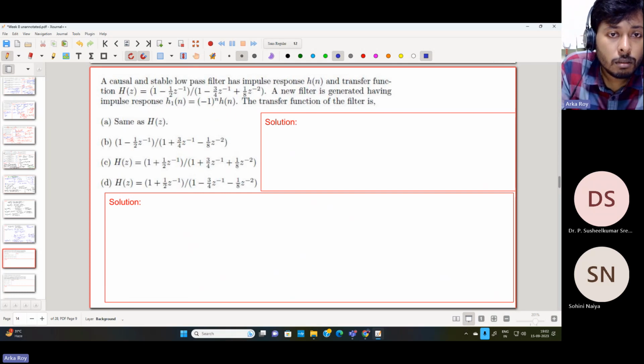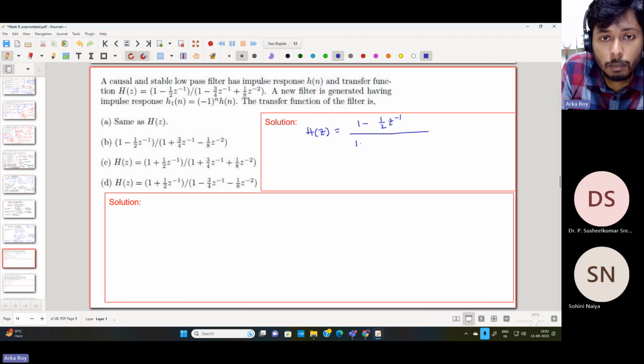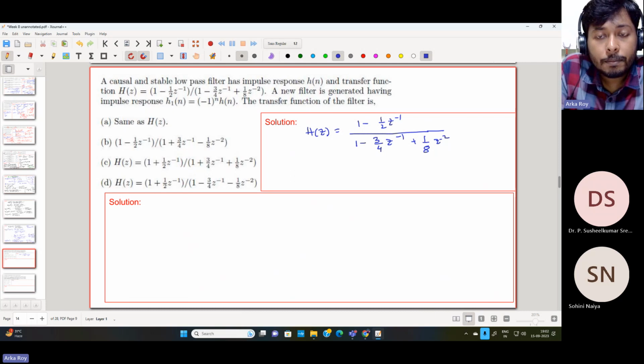So H of z is given as 1 minus half z inverse divided by 1 minus 3 by 4 z to the power minus 1, plus 1 upon 8 z to the power minus 2. A new filter is generated having an impulse response h1[n] equals minus 1 to the power n h[n].